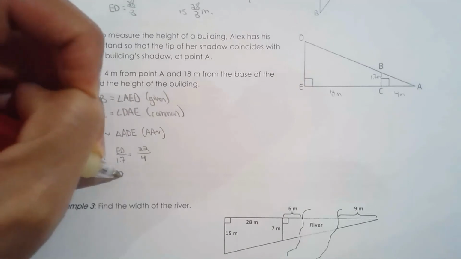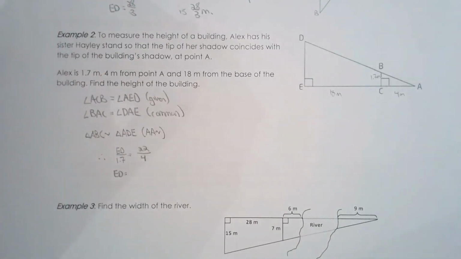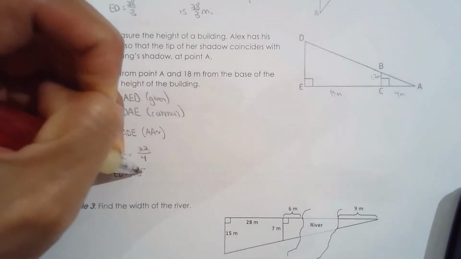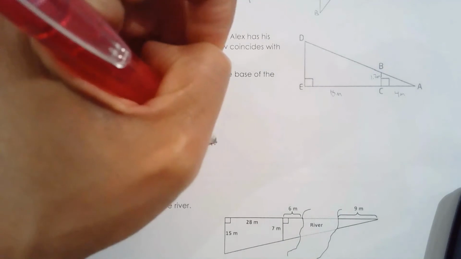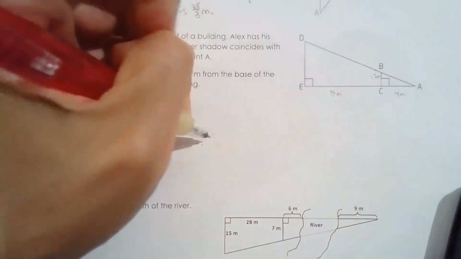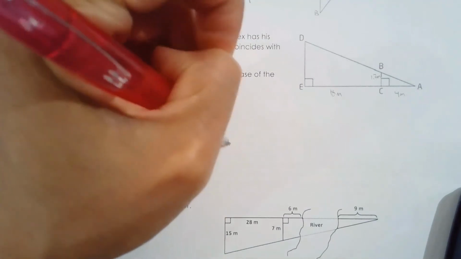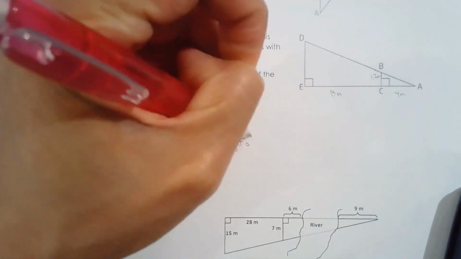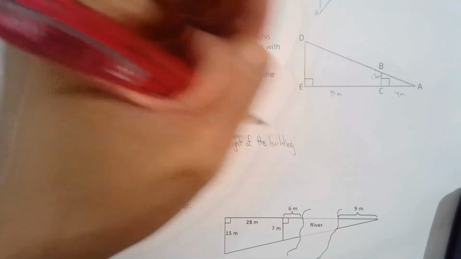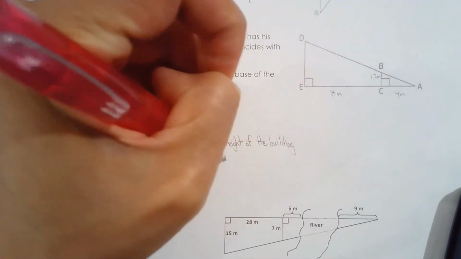So ED, let's see, 22 over 4 times 1.7, looks like 9.35. Therefore, the height of the building is 9.35 meters.